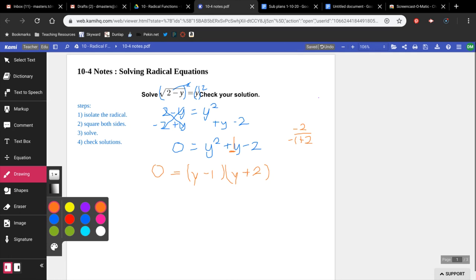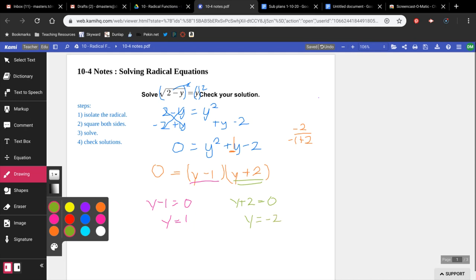So then we have setting each of our parentheses equal to 0. So y minus 1 is 0, so y is 1. Or y plus 2 could equal 0, and y could equal -2.